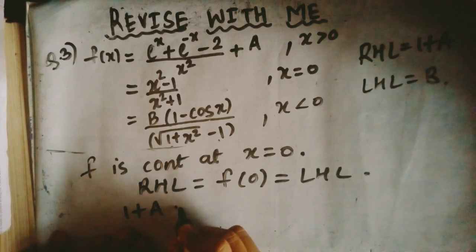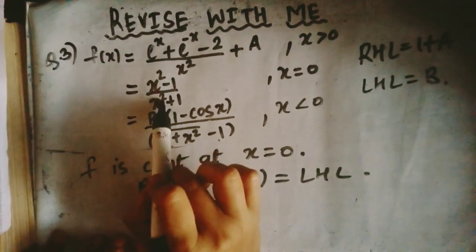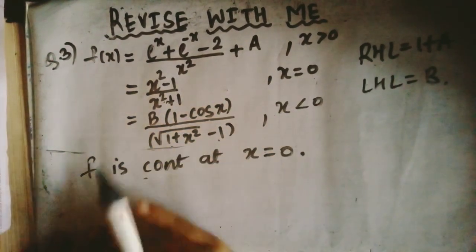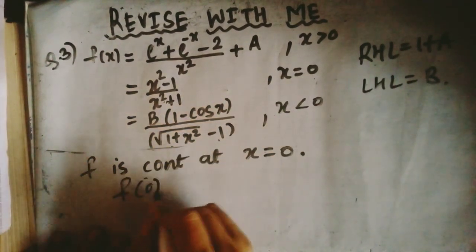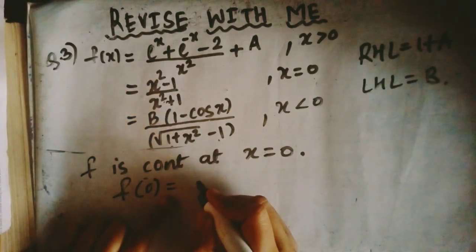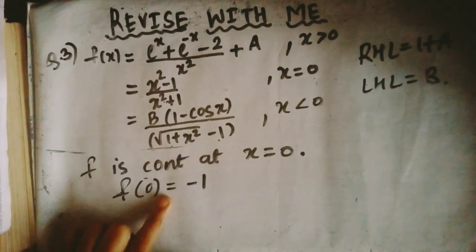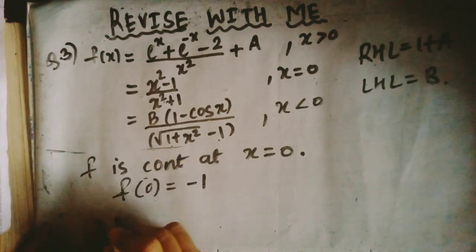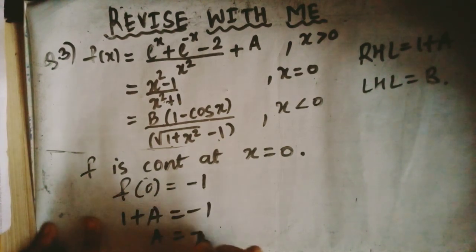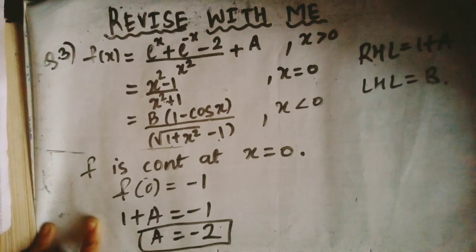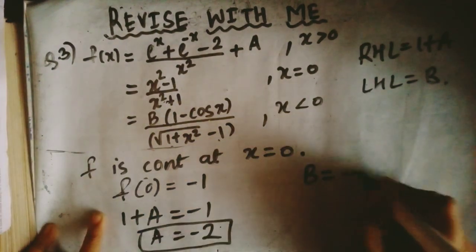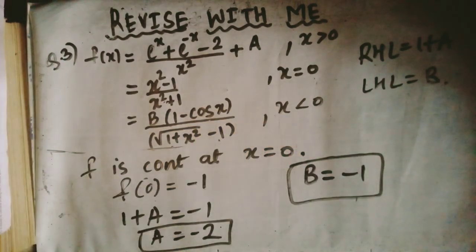Here the direct answer is not given, so f of 0, putting the value x equal to 0, you will get it as minus 1. So RHL, 1 plus a, equal to minus 1, so a equal to minus 2. Then LHL equal to minus 1, so b equal to minus 1.